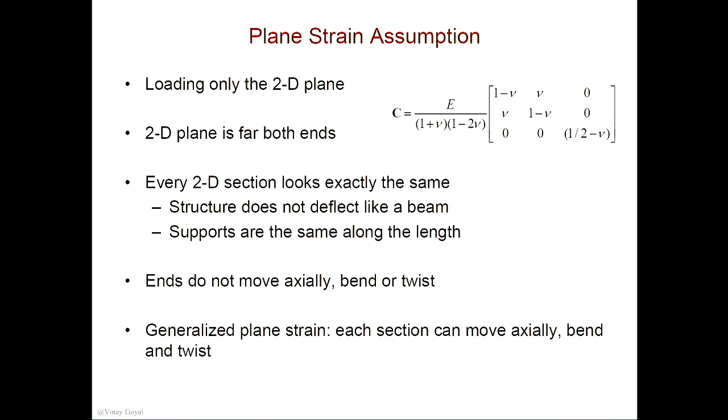Abaqus has an advanced version of plane strain, which I think you should read about. Basically, if you have a pencil that's very long, you can model that cross section that's representative of every cross section through the thickness in that long section. But this element in Abaqus, CPE4G, I believe, don't quote me on this, G for generalized, is able to apply loads at the end.